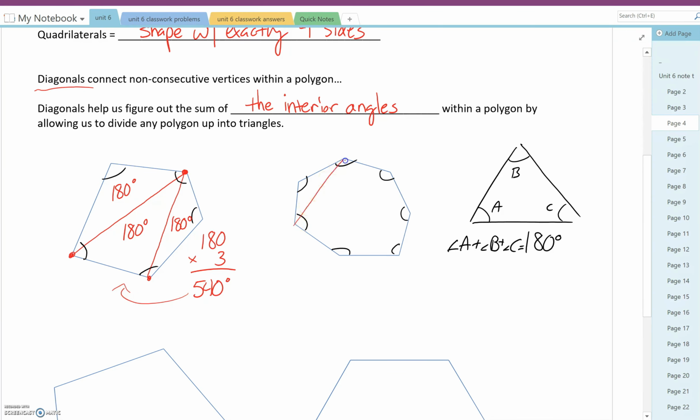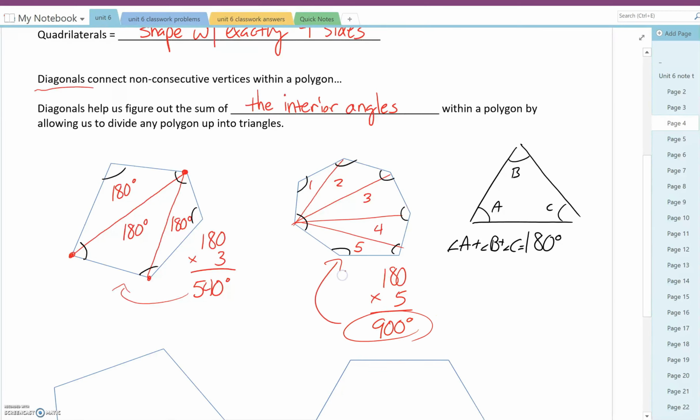Do the same thing over here. Break this shape up into, in this case, 1, 2, 3, 4, 5 triangles. So instead of 180 times 3, we would say 180 times 5. And 180 times 5, I believe, would be 900 degrees.